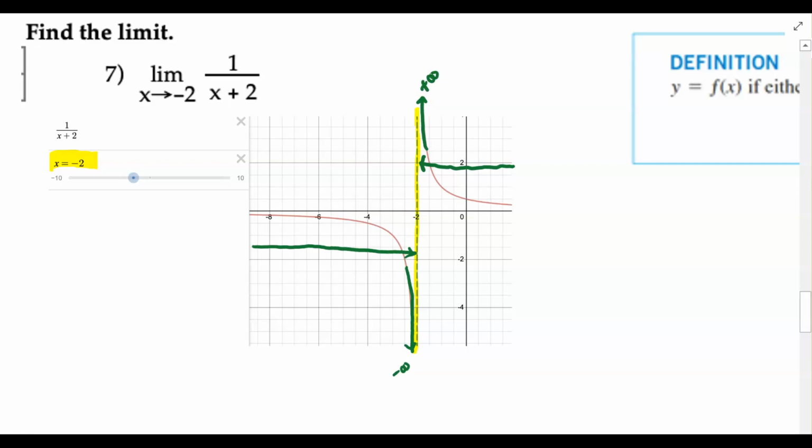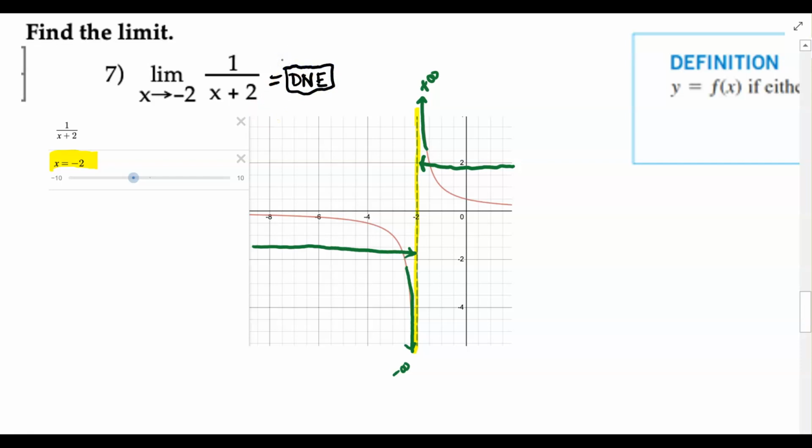So if you're talking about the limit in general, we would say it does not exist because the left-hand side and the right-hand side are not in agreement. While it's approaching infinity, it's approaching different infinities in the two directions. So it has a vertical asymptote at x equals -2, but it's approaching two different infinities. Therefore, we can say the limit does not exist.